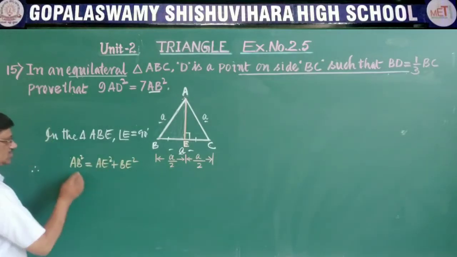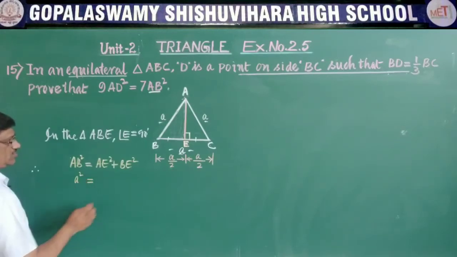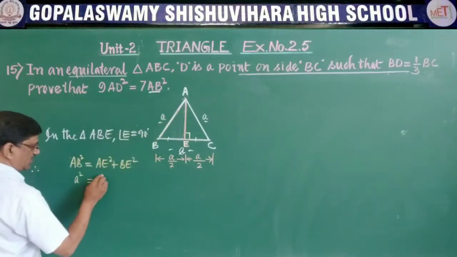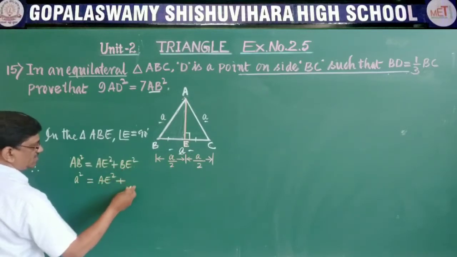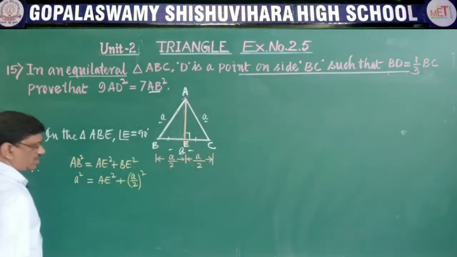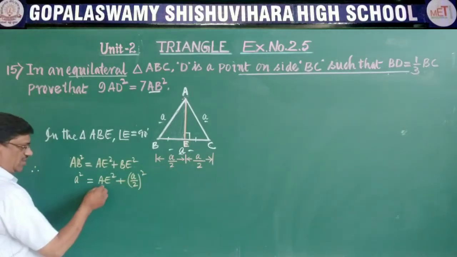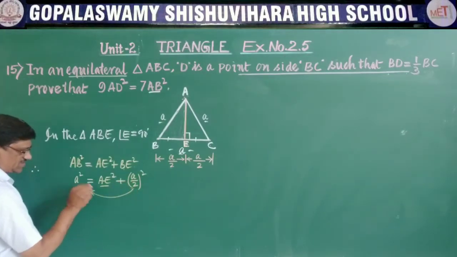So AB square is A square, is equal to AE square, which we have to calculate, plus BE square, which is A by 2 whole square. Now, keeping AE here only, you send A by 2 whole square to the left hand side of the equals.